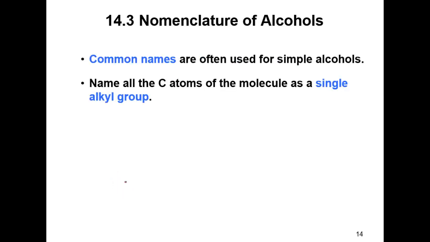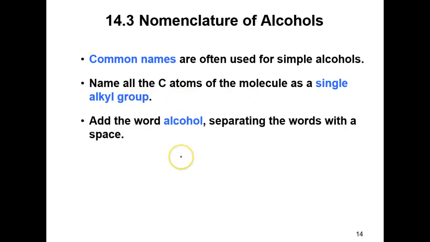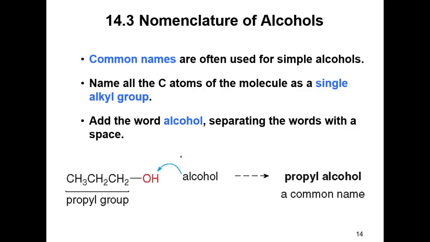There are some common names for alcohols. Rather than using these IUPAC names, I'm going to go over a few of them. Name all the carbon atoms in the molecule as a single alkyl group, and then add the word alcohol afterwards. So instead of this being called 1-propanol, you just call it propyl alcohol. That's the common name.